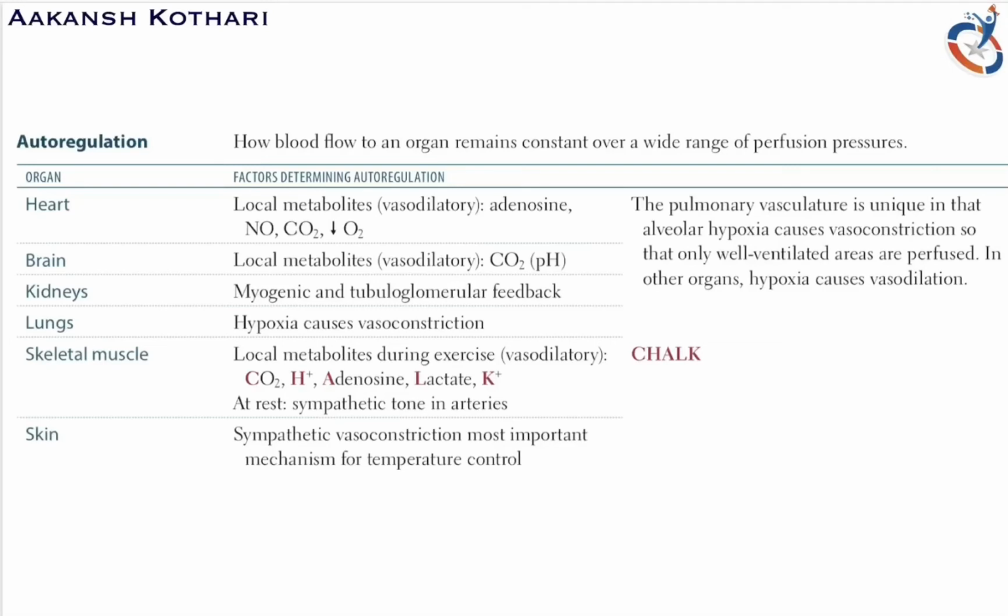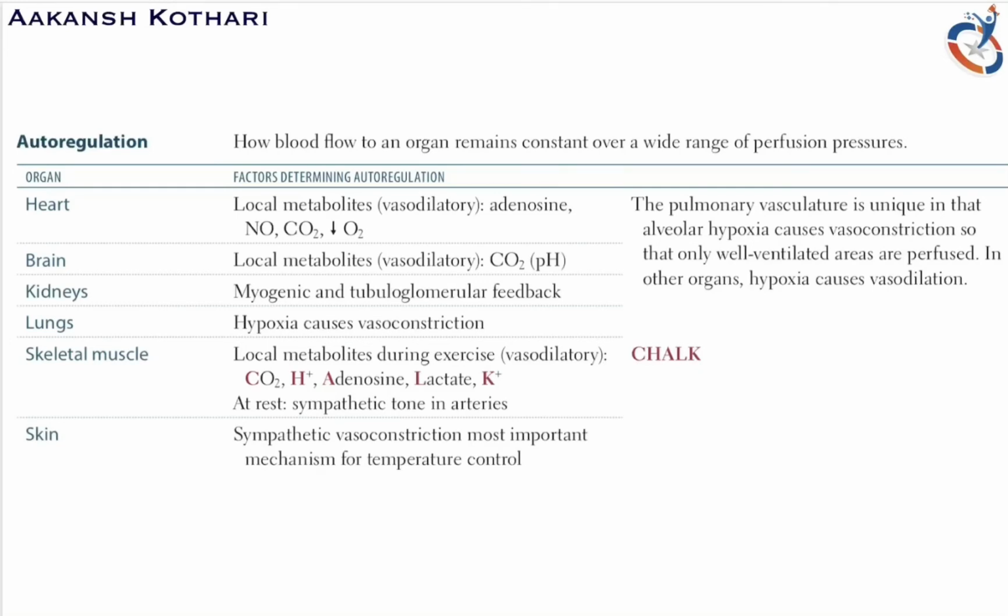So, how blood flow to an organ remains constant over a wide range of perfusion pressure. First of all, talking about the heart, there are local metabolites released like adenosine, nitric oxide, carbon dioxide, and decrease in the oxygen. So these are the major factors that determine the autoregulation of the blood flow in the heart.